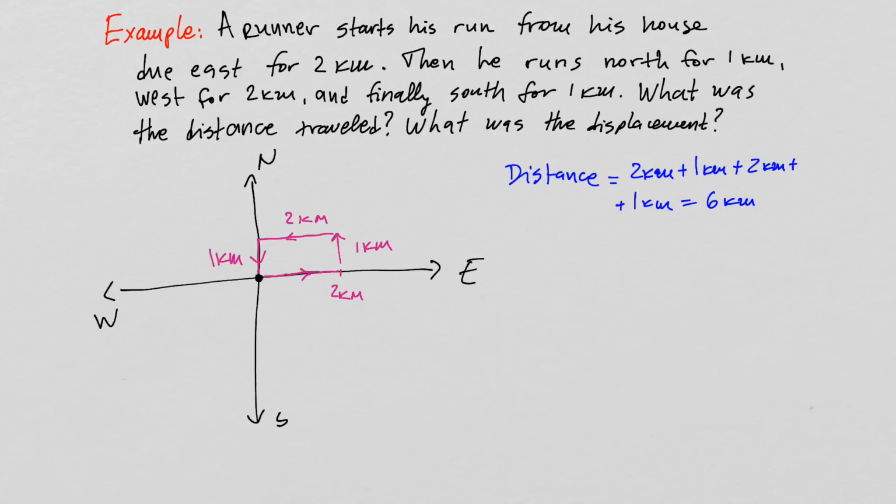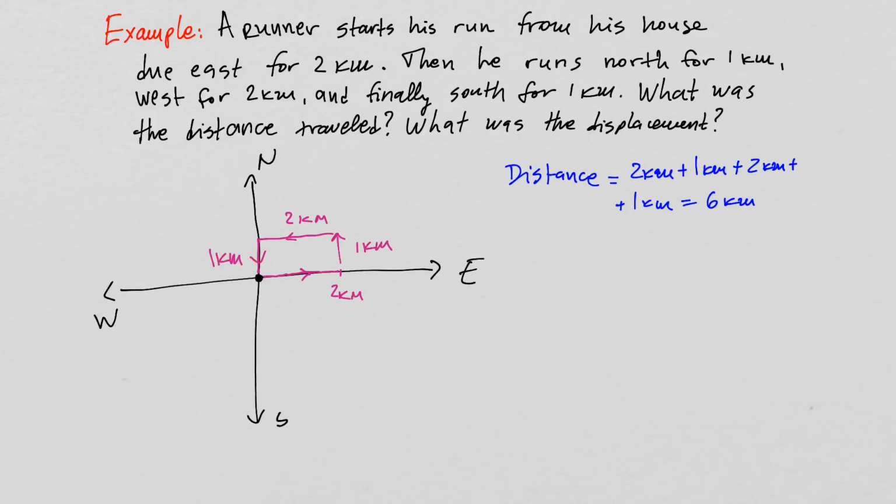The second question is what was the displacement of the runner? The displacement in general is defined as the straight line distance between the initial and final positions of the motion. So what is the initial position of the motion? This is the start of the run, which is at the origin of this map. What is the final position of the run? It also is at the origin of the map.